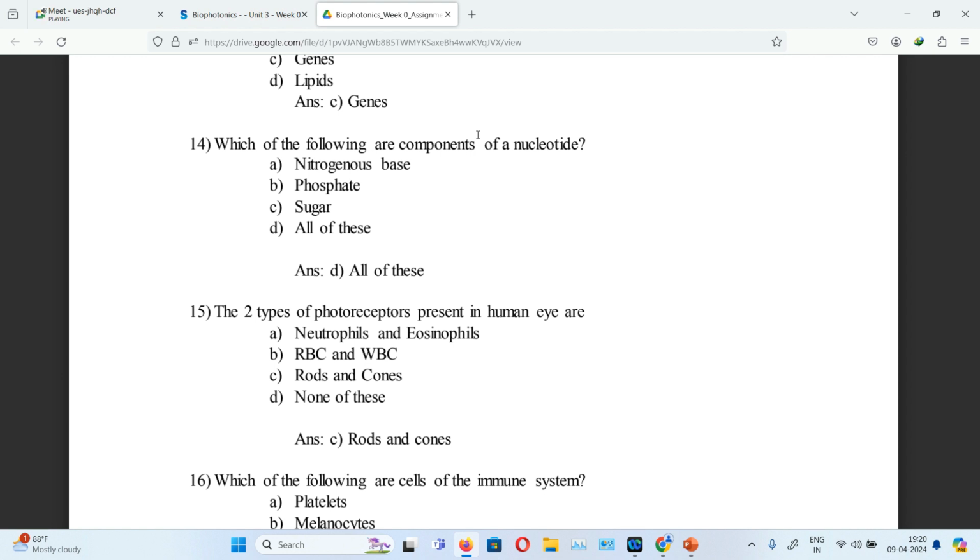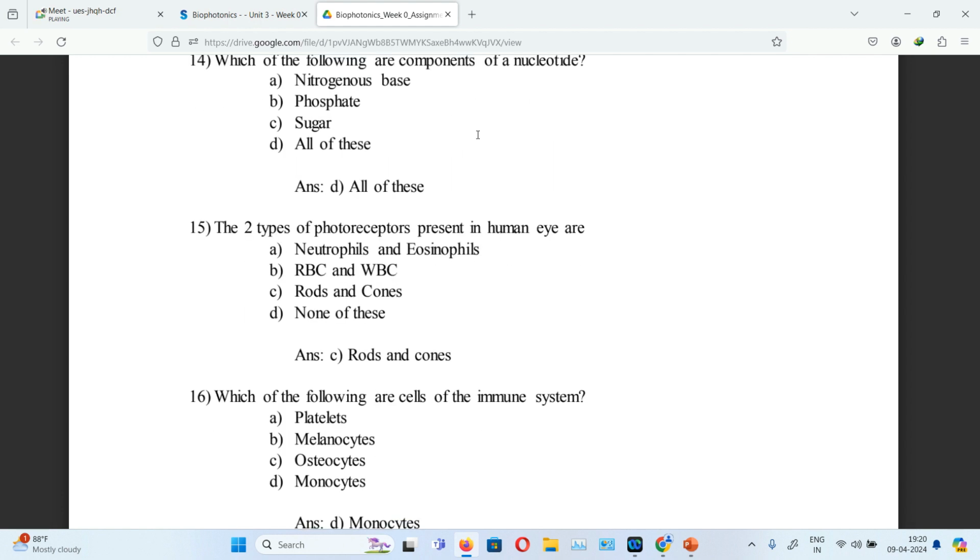Cone cells are responsible for vision in bright light as well as color vision, and they are conical in shape. So the two types of photoreceptors in the human eye are rods and cones.